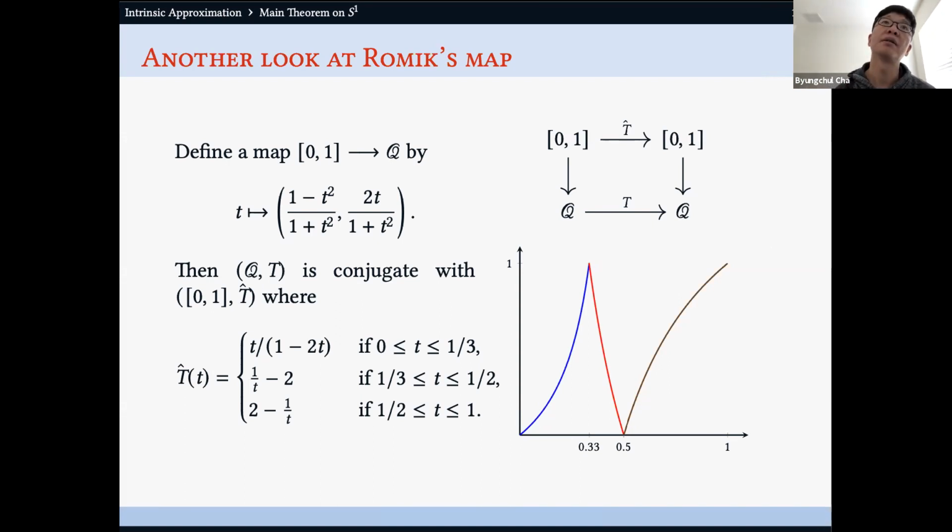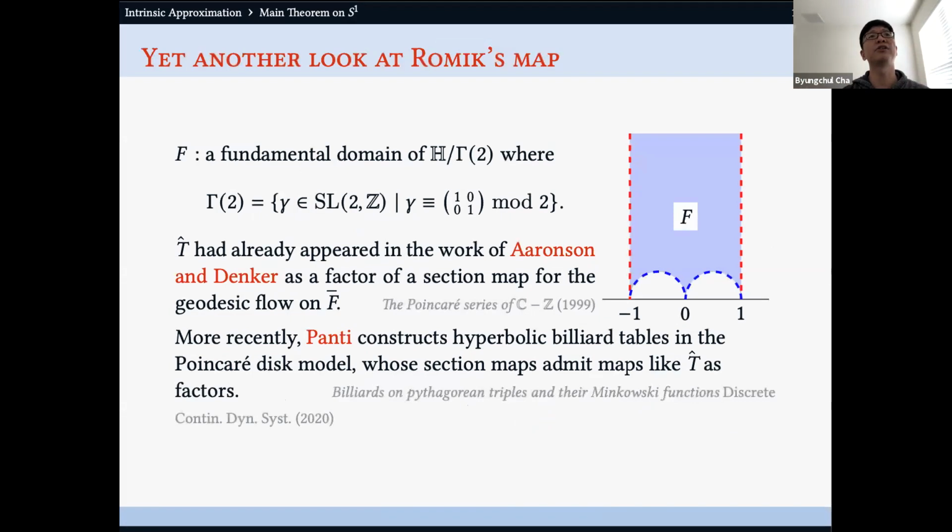This map has been introduced before by Aronson and Denker, going way back to 1999. What they did is actually to realize this map T as a factor of a section map for a geodesic flow on F bar. What is F? Well, F is the fundamental domain of a surface, the upper half plane modulo Gamma 2.